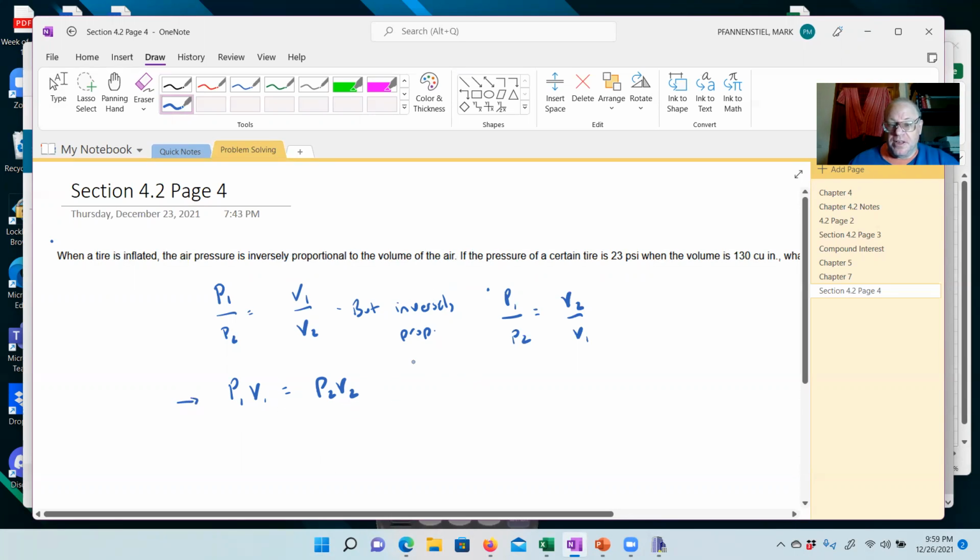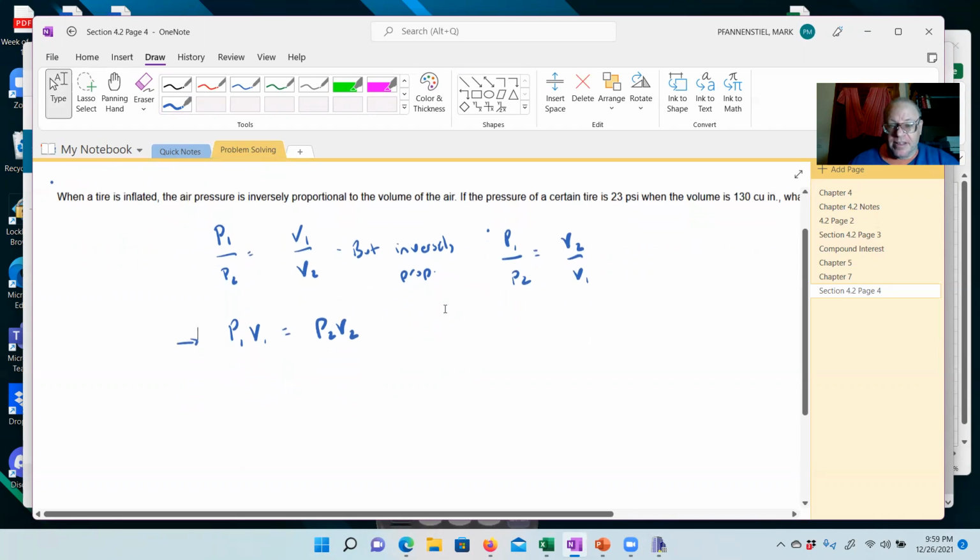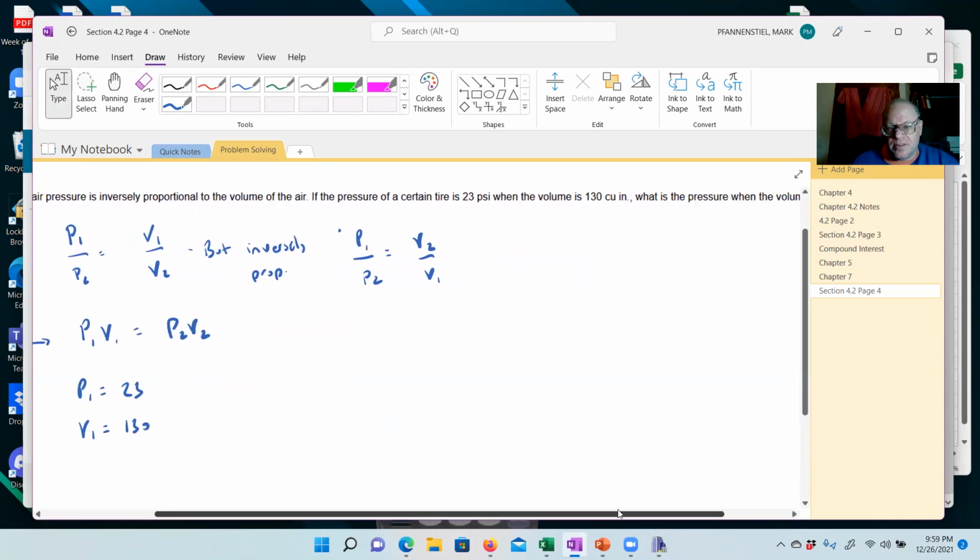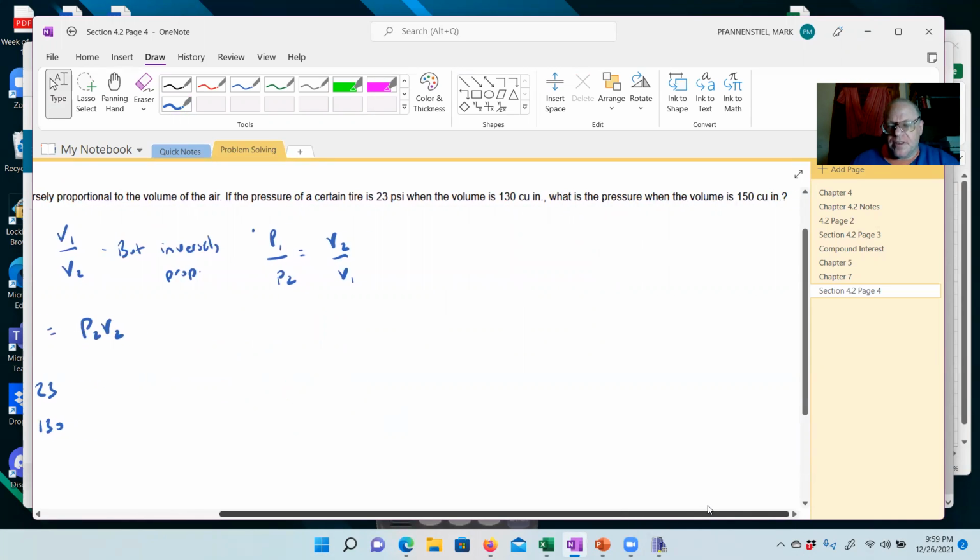So in the context of what we're looking at, we have a P1. The pressure of the tire is 23, so P1 is equal to 23. Our V1 is equal to 130. The hardest part of this is getting the setup.